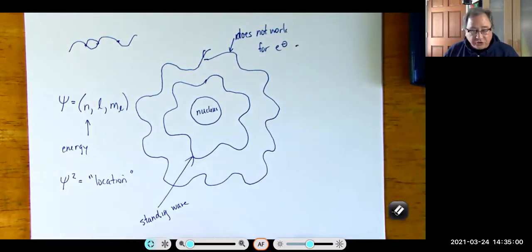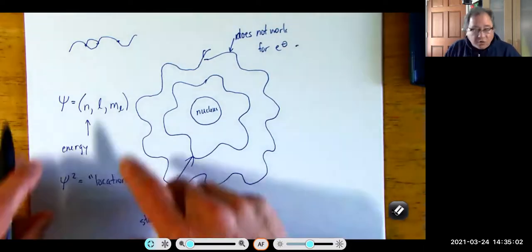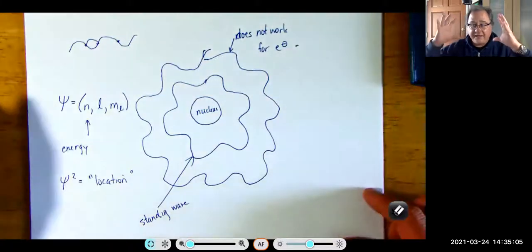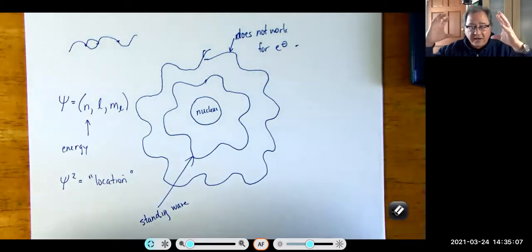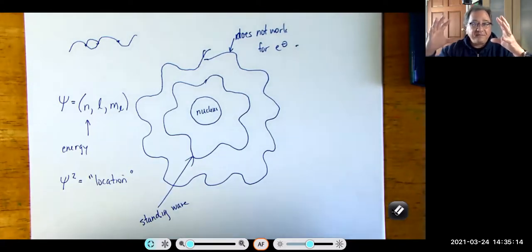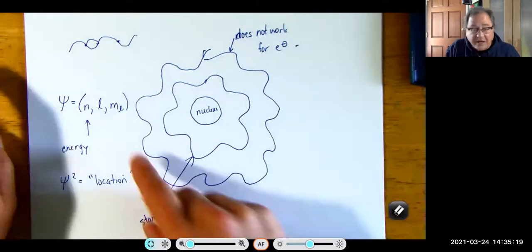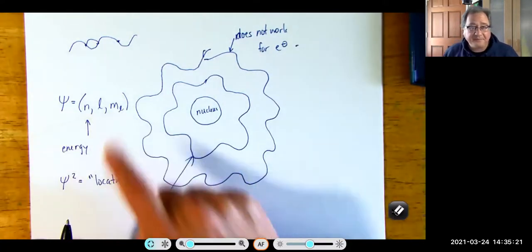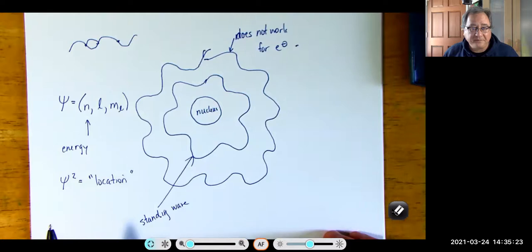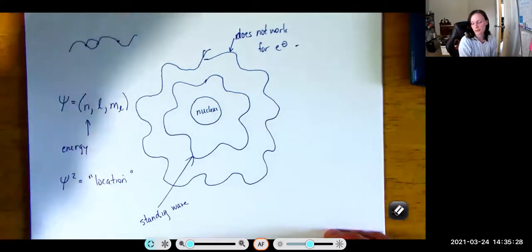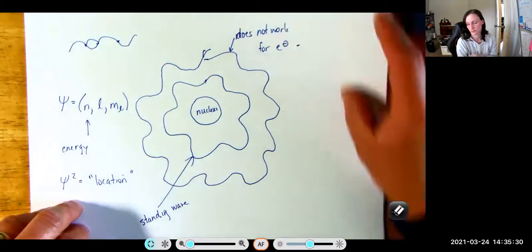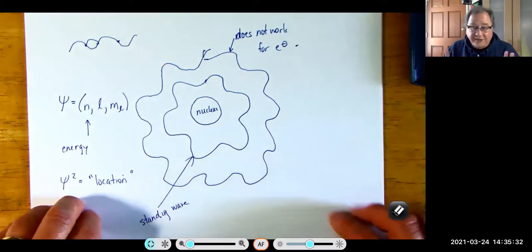So usually for these wave equation solutions, we get a sphere around the nucleus saying, in all probability, you're going to find the electron in this region. And sometimes the regions have different shapes depending on M sub L. Those probability plots are the locations.